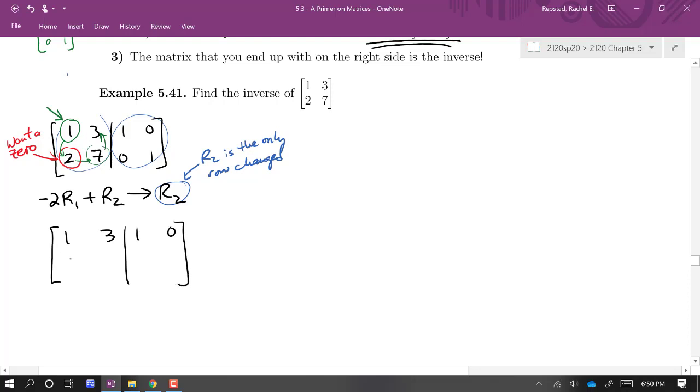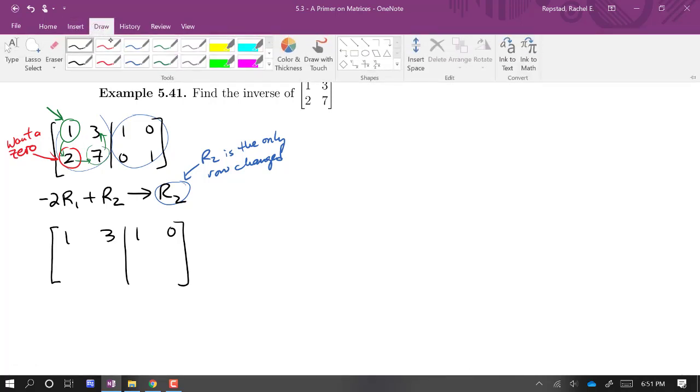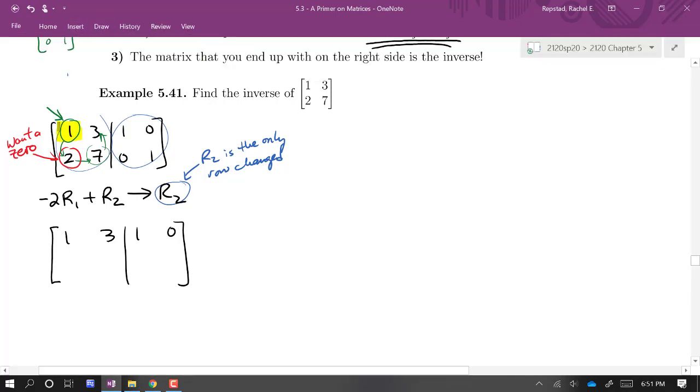Row 2. Now what goes here is -2 multiplied by whatever's in row 1, so -2 times 1, which is -2, and then I'm going to add 2. And that gives us 0. For the next entry here, -2 times whatever's in row 1 above it, so that's 3, plus whatever's in this row to begin with, which is 7.